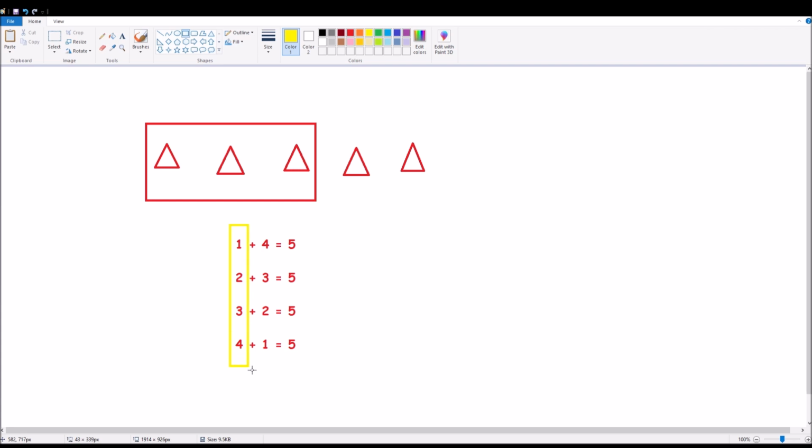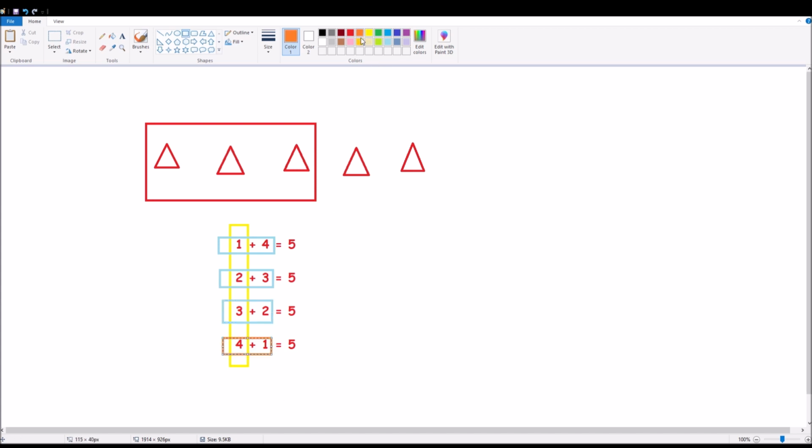So you can see that these addends are different when you compare them to their partner addend. So 1 is not the same as 4. 2 is not the same as 3. 3 is not the same as 2, and 4 is not the same as 1.